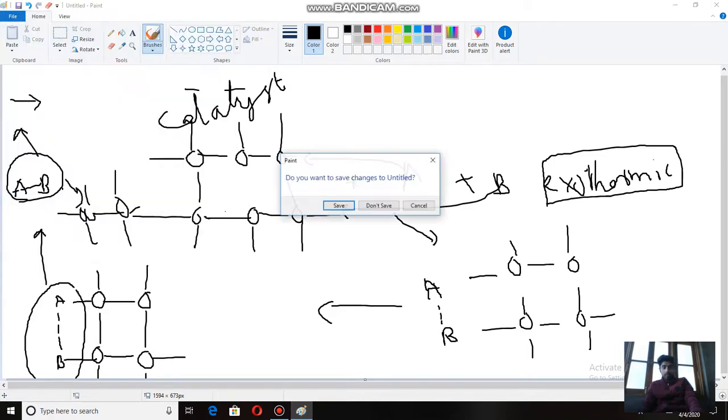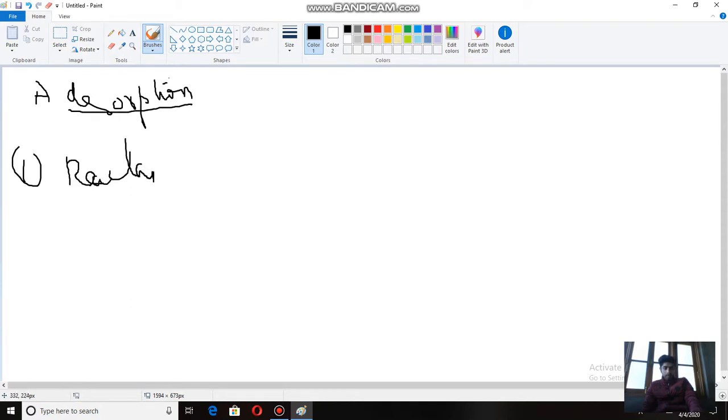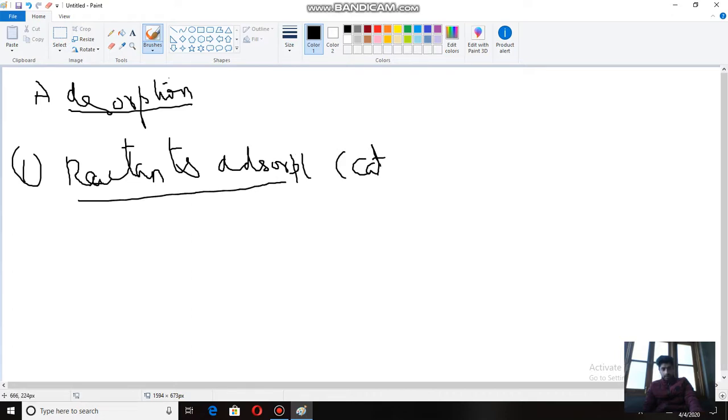And the second theory which governs this is adsorption theory. Basically, what adsorption theory tells us, see, first the reactants adsorb to the catalyst surface.